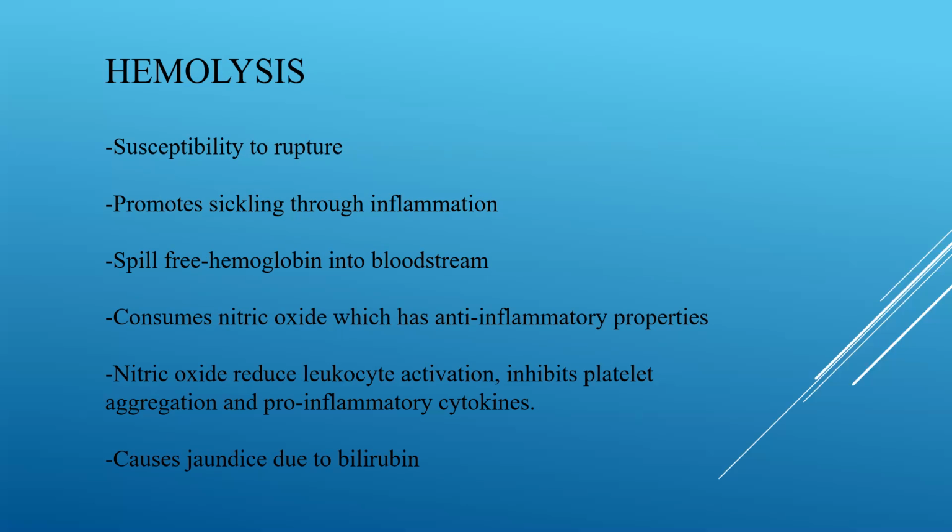It spills free hemoglobin into the bloodstream, which consumes nitric oxide. And nitric oxide has anti-inflammatory properties. Nitric oxide reduces leukocyte activation, inhibits platelet aggregation, and inhibits pro-inflammatory cytokines. Hemolysis also causes jaundice due to bilirubin.